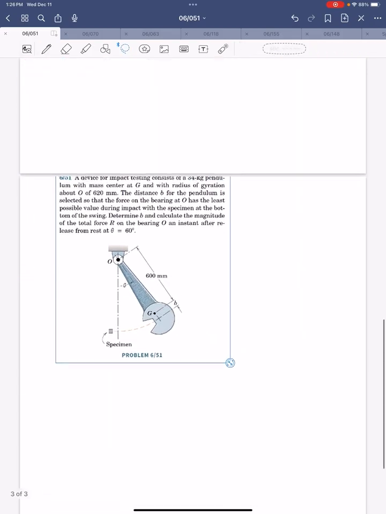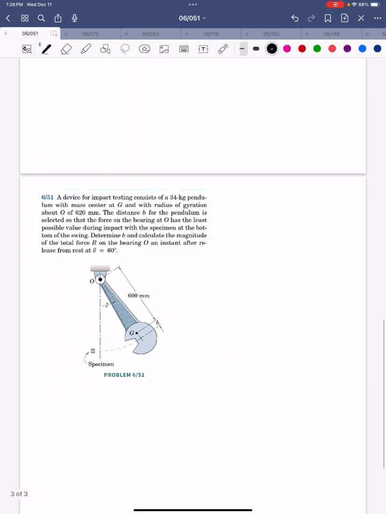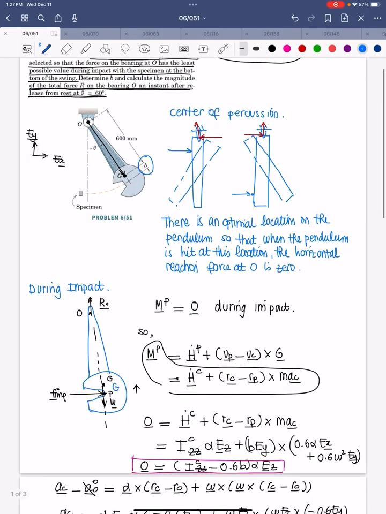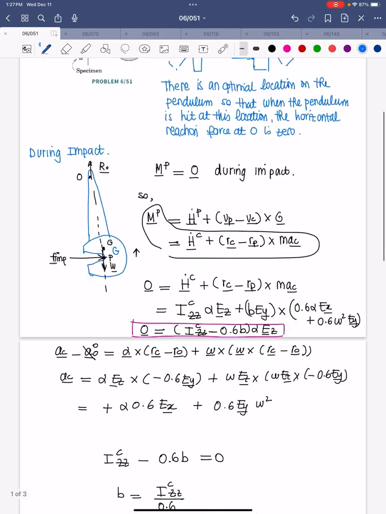So now when the pendulum is just being released, we want to draw its free body diagram. Here the reaction force at O is not purely vertical. It was vertical in the first part because it was designed to be vertical during impact.